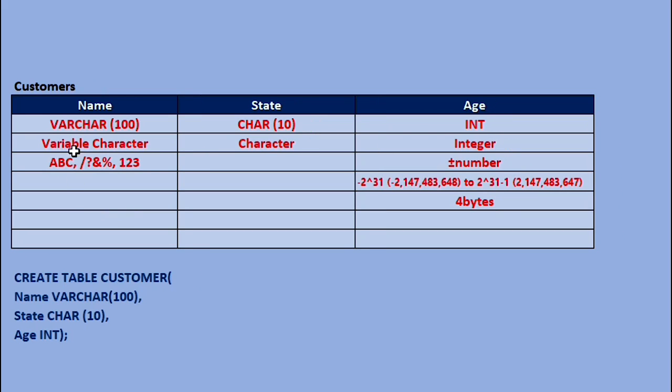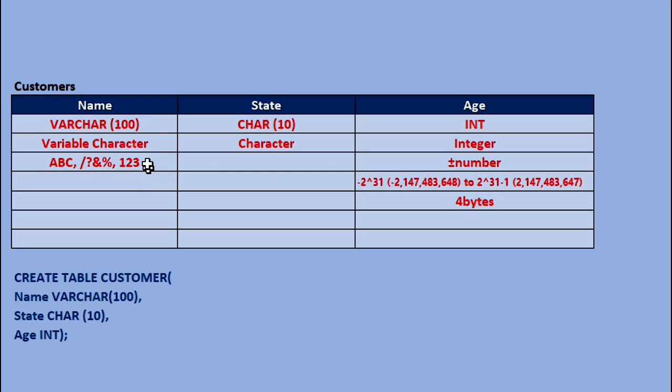Now, what is a character anyways? The majority of keys on your keyboard are characters. It can be either an alphabetical letter or a special character like a slash or a question mark.